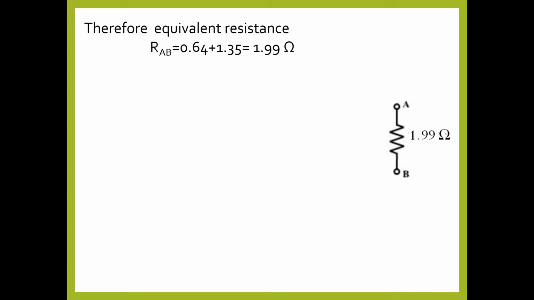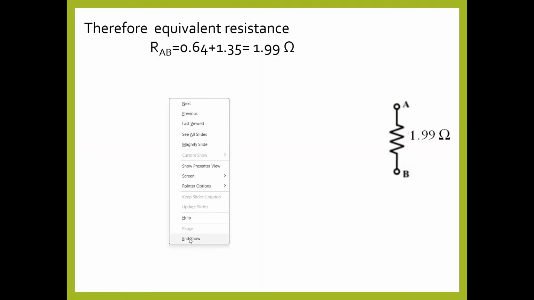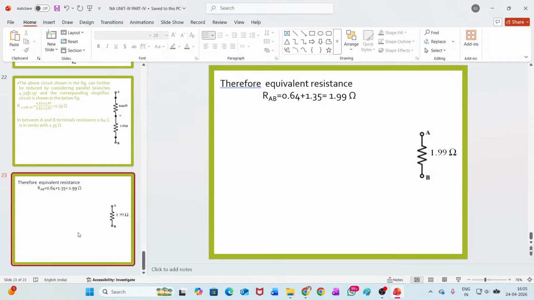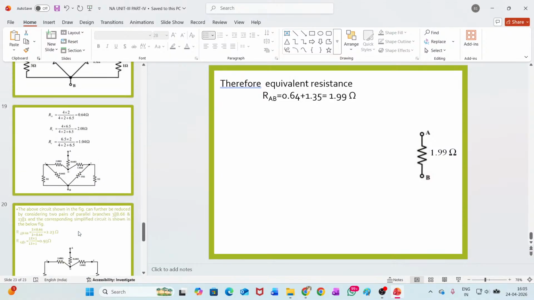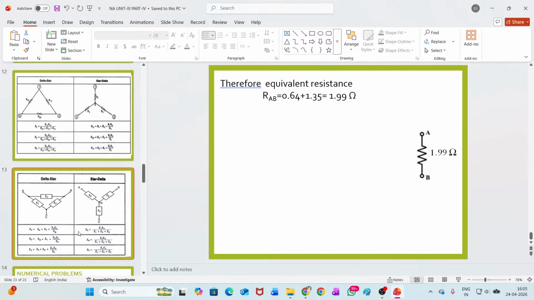You have to go for the star delta conversion method, otherwise you can't simplify it.